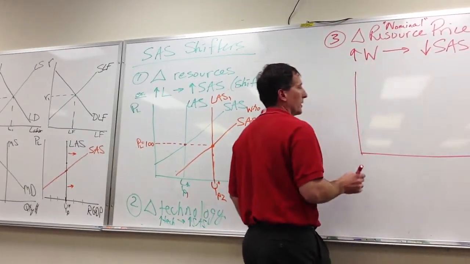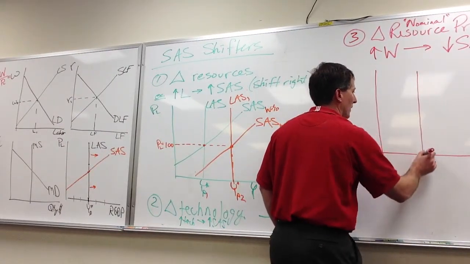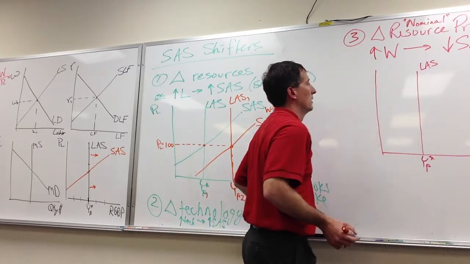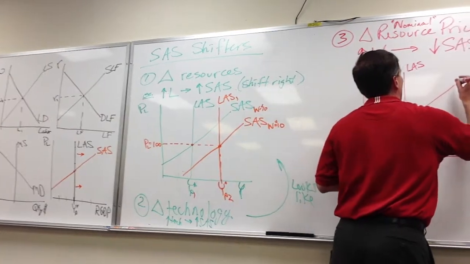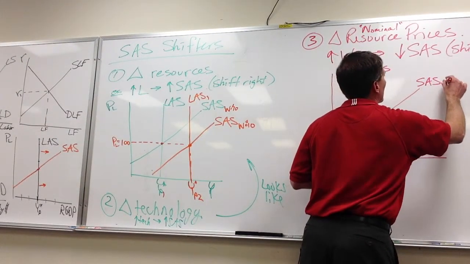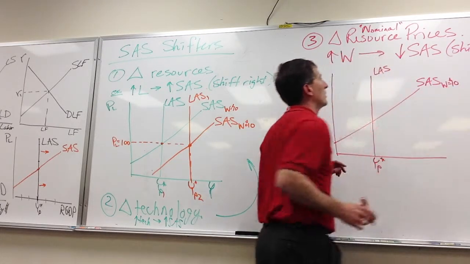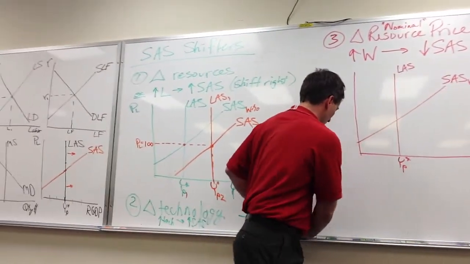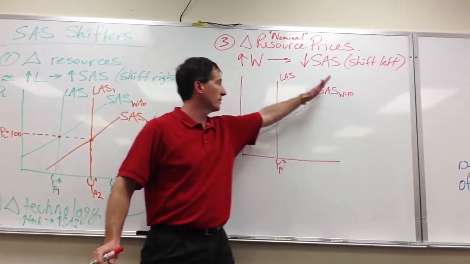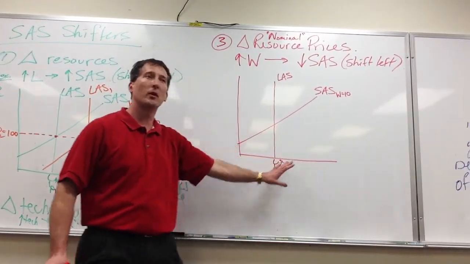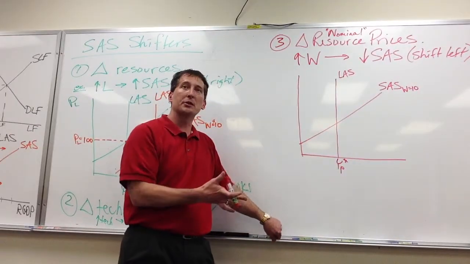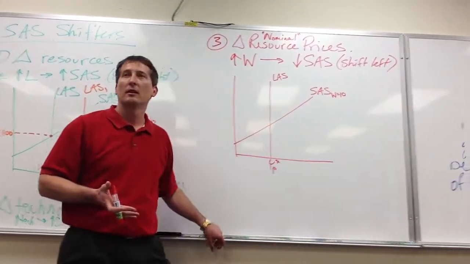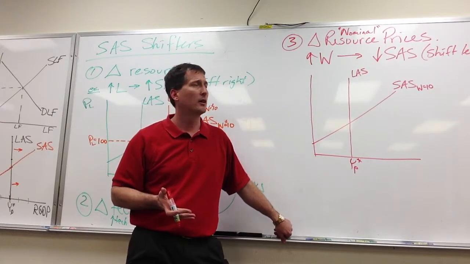Now this one I do want to graph out. So if we have nominal wages at $10, here's kind of the same situation we were drawing before, but now we're going to have resource prices go up from, let's say, $10 to $15.